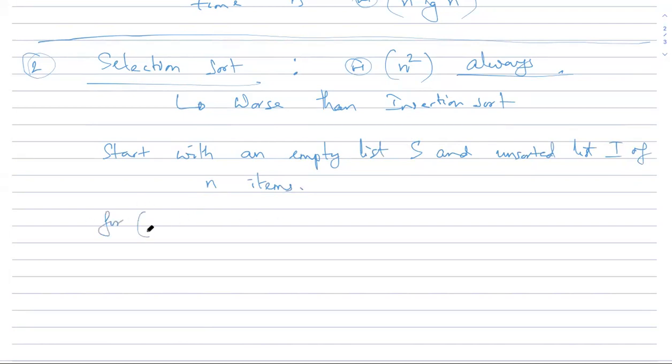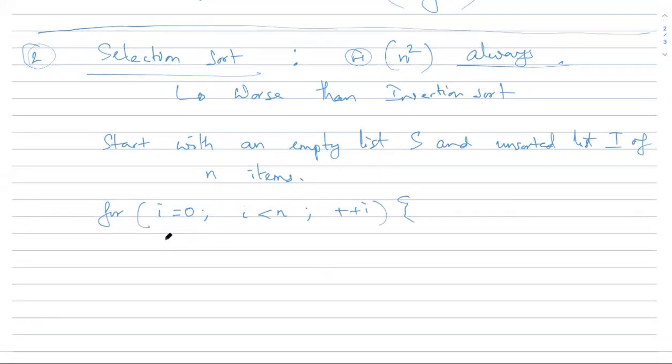And then for i equal to 0, i less than n, plus plus i. So you're running it n times. So at every step, you're trying to find the smallest key. So let's say x be the item in I with the smallest key.